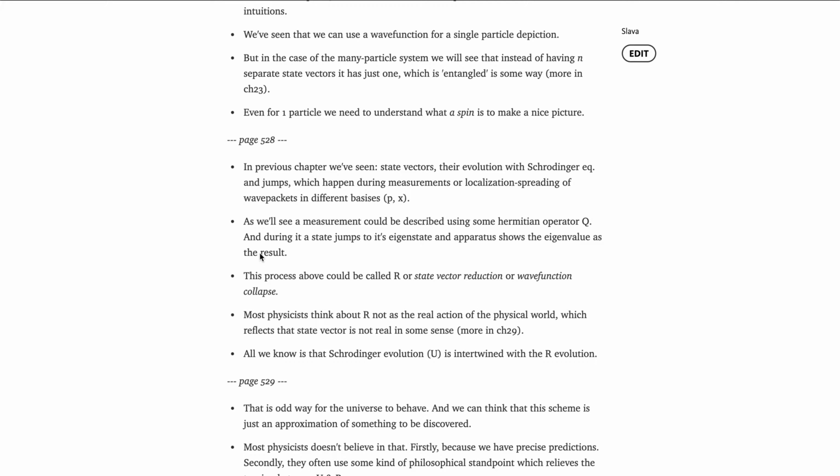As we'll see, a measurement could be described using some Hermitian operator, Q for example, and during the measurement a state jumps to its eigenstate, and the apparatus shows us the eigenvalue as a result of the measurement.